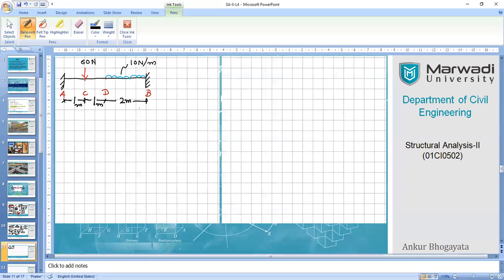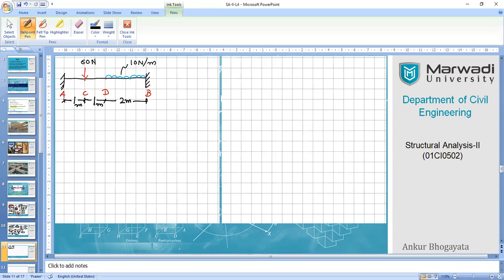So you can see that 2 meters with UDL gives you 40 Newton, and 60 Newton is located nearer to support A. So obviously the reaction of this end will be definitely larger.